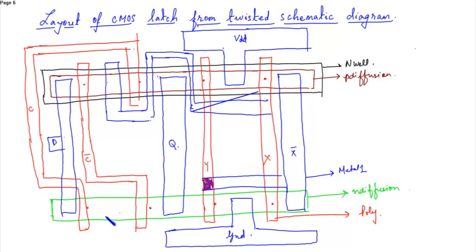Similarly over here you will connect from here. So this is a point where X is connected. Okay, we can directly connect over here because this is also connected to X. So you have to place a poly contact. This is your poly contact.